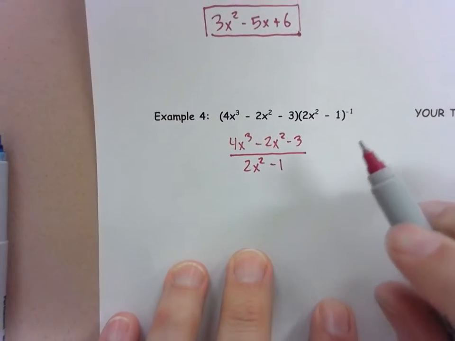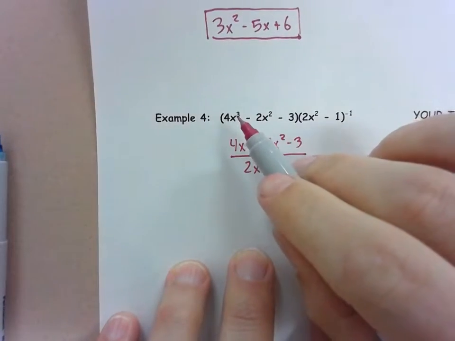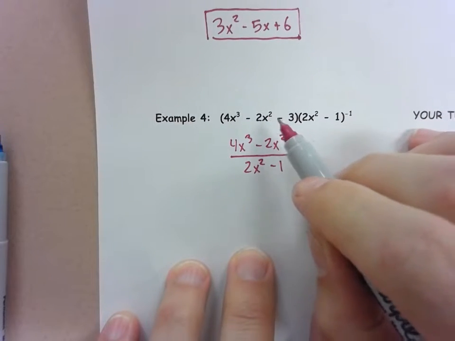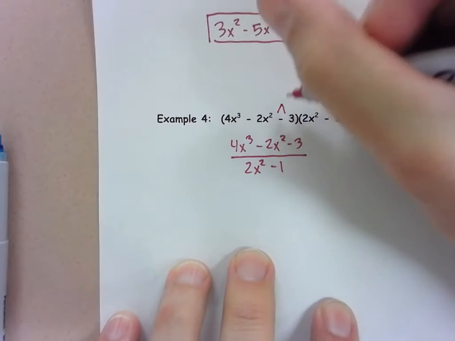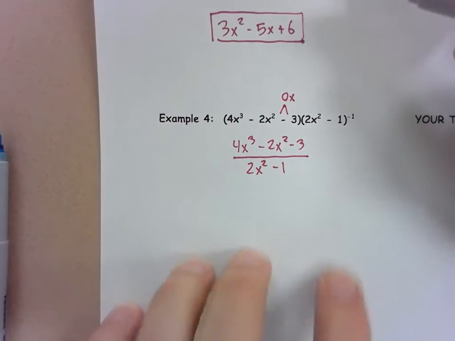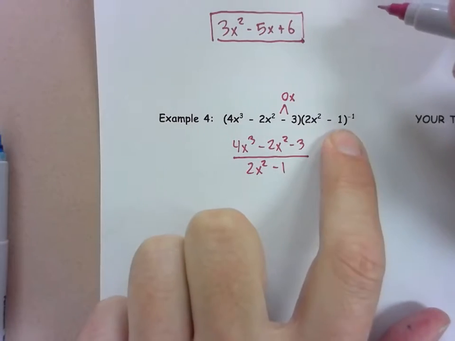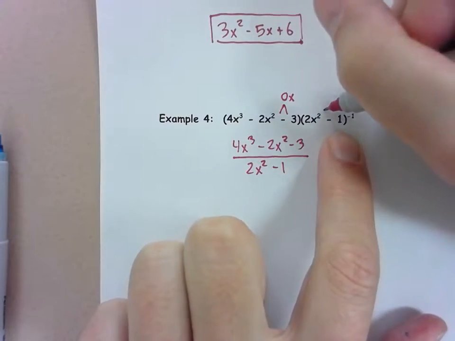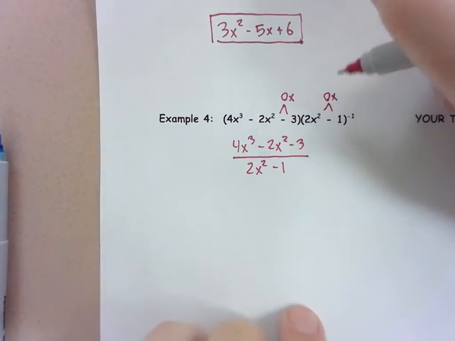But this expression's also lacking a couple terms. It's got a third power, a second power. It doesn't have an x, so that's a 0x. This one has a second power and a constant, but it doesn't have an x as well, so we also need a 0x there.